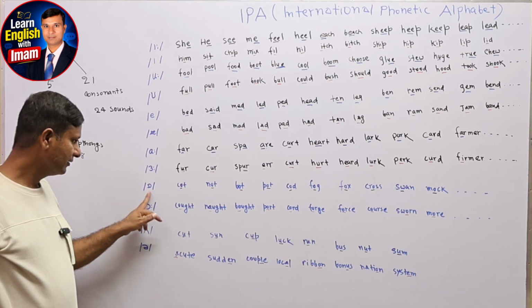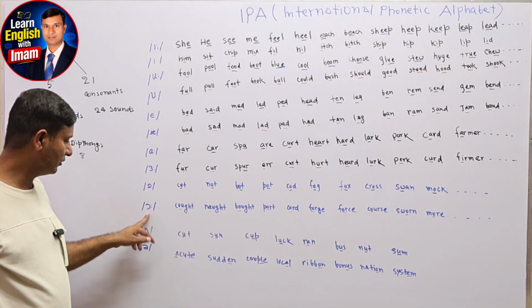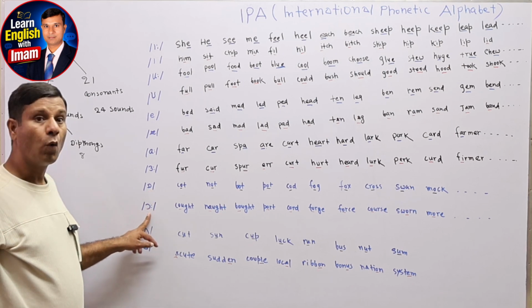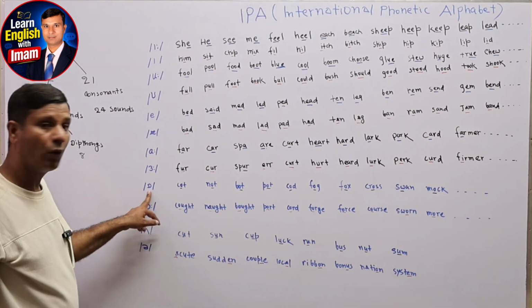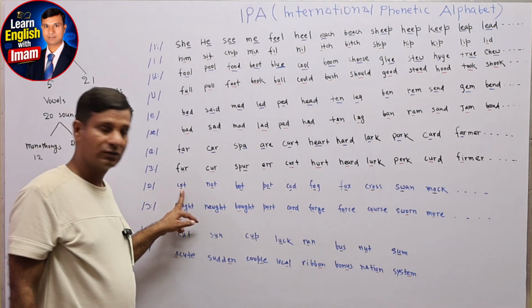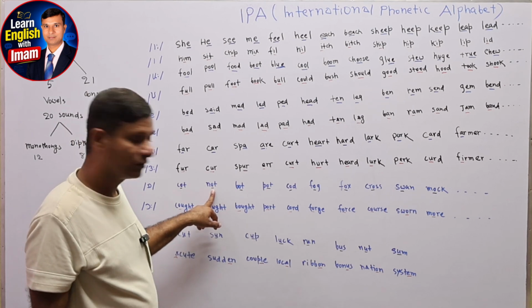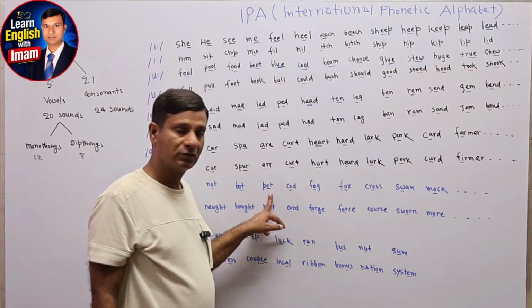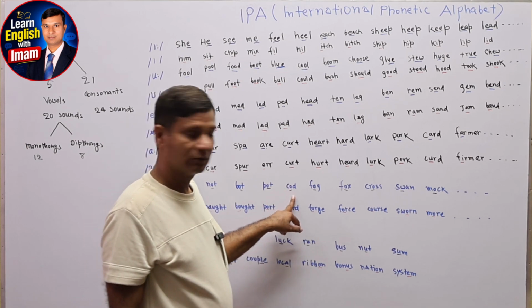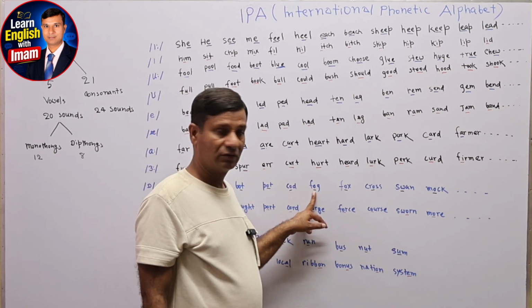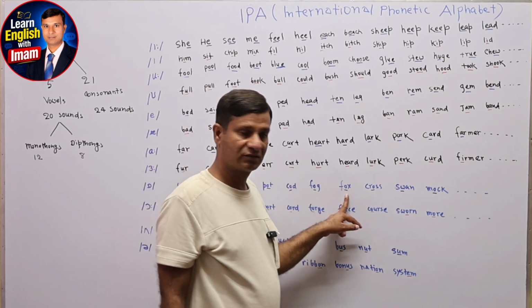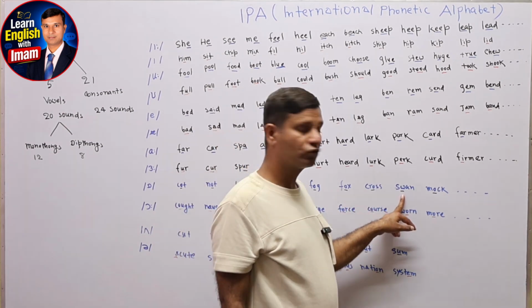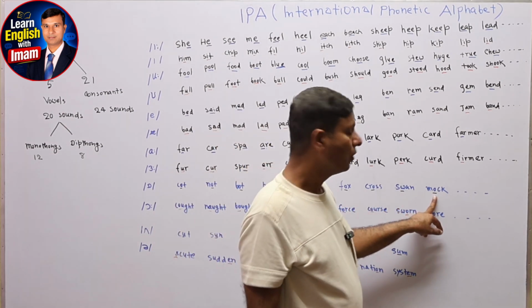Now see, we have a short vowel and this one a long vowel. This one O: caught, not, bought, pot, cod, fog, fox, cross, son, mock.